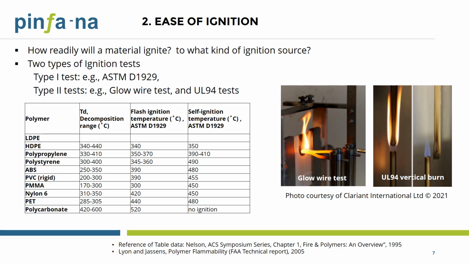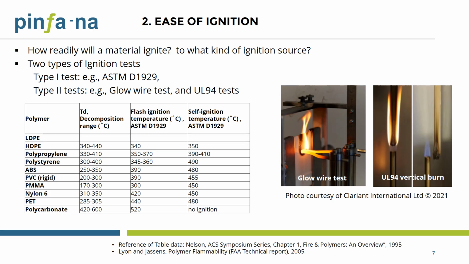Such tests include the ASTM D1929 test, which measures ignition temperature of material with or without pilot flame. The surface temperature at ignition of thermoplastic material is generally constant and independent of heat flux, so T-ignition measured by ASTM D1929 represents a material property.